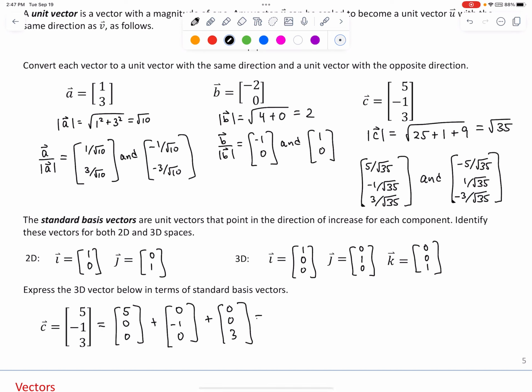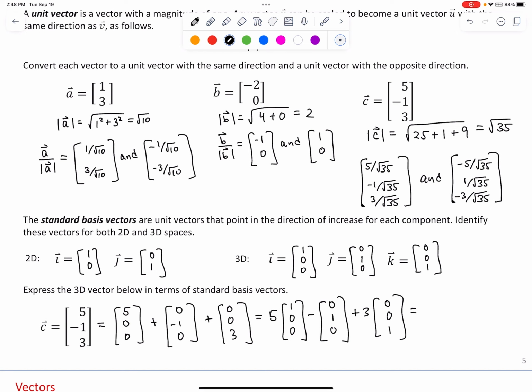And then you factor out the constants, giving 5 times the vector 1, 0, 0, minus 1 times the vector 0, 1, 0, plus 3 times the vector 0, 0, 1, which you can write in terms of i, j, and k as 5 vector i minus vector j plus 3 vector k. So when a vector is written as a sum of standard basis vectors, the coefficients of i, j, and k are simply the components of the vector.